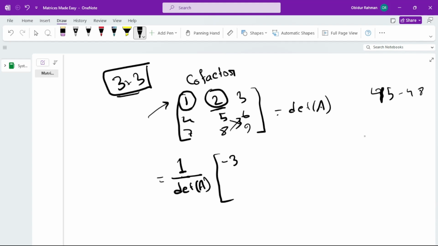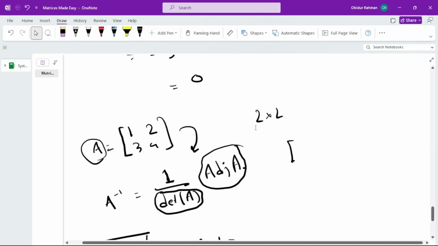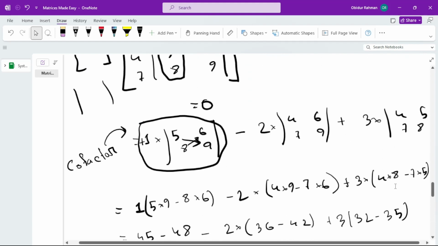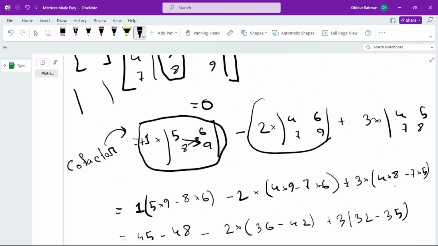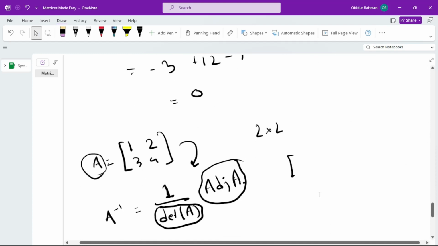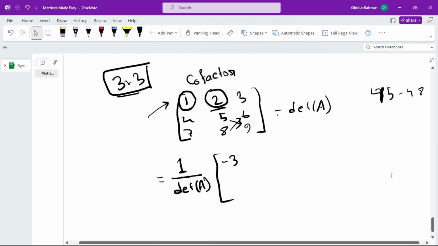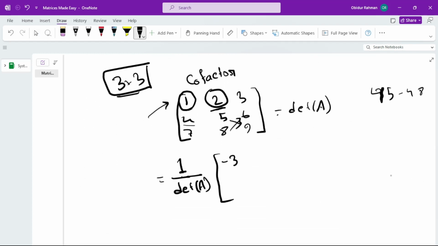For the second element, we're gonna do the same thing. So the second element will be 4 times 9, 36, minus 6 times 7, 42. So it will be minus 6. No, it won't be minus 6.